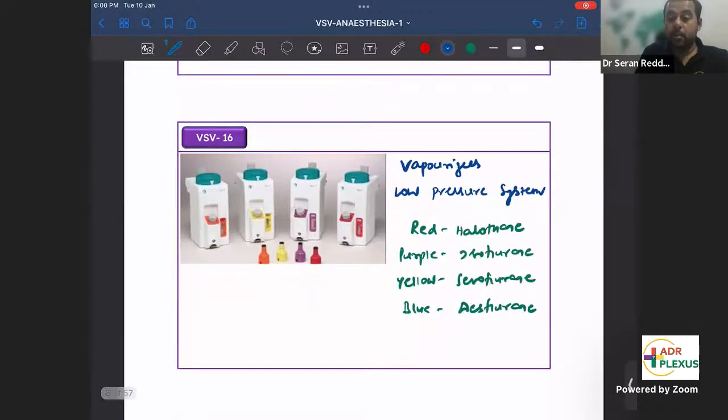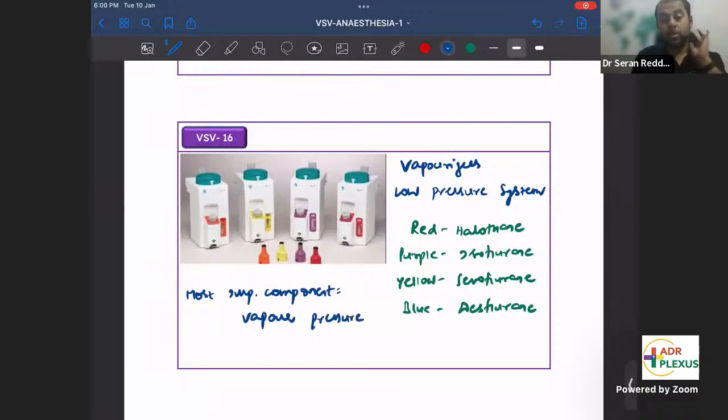And in vaporizers, the most important component is vapor pressure.